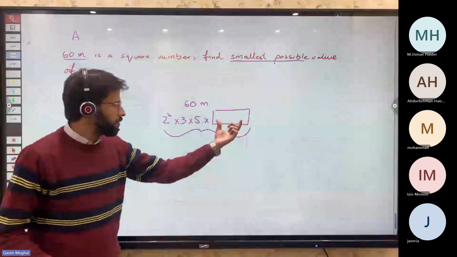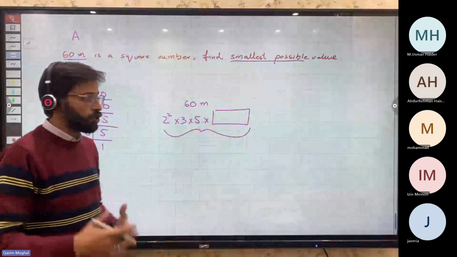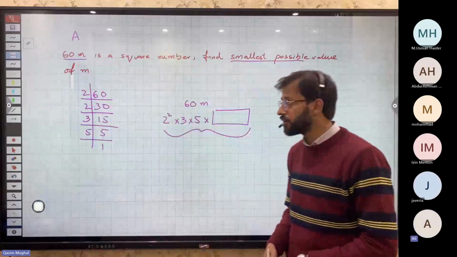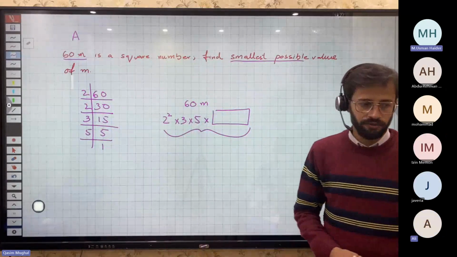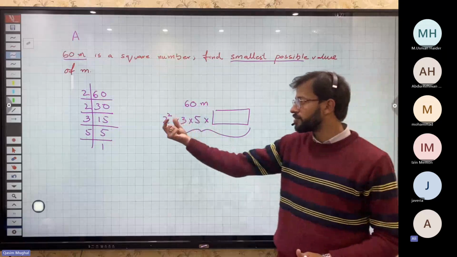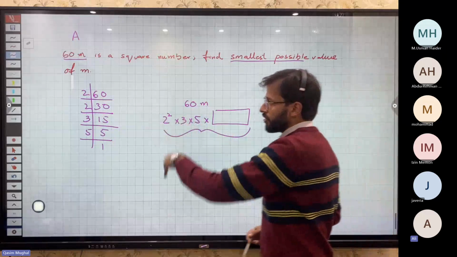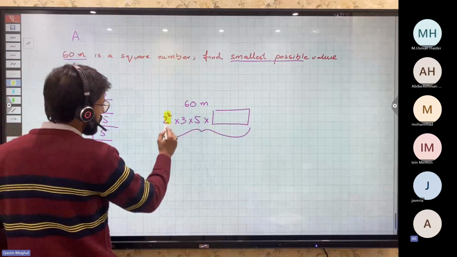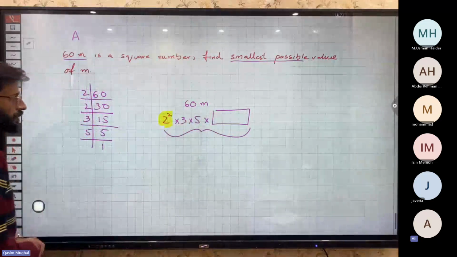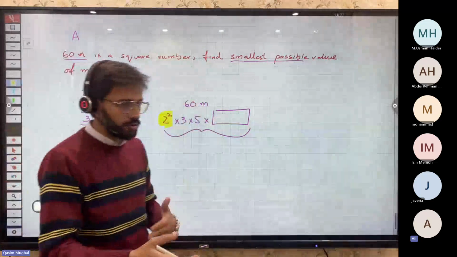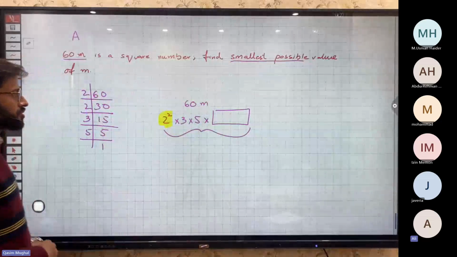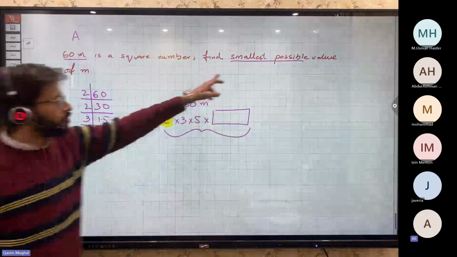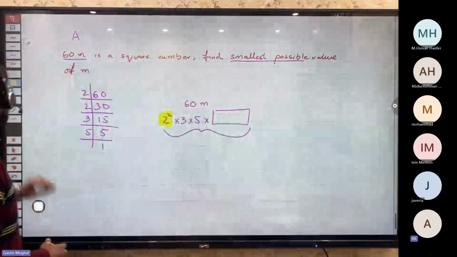We know the property of square numbers in terms of prime factorization: when we do the prime factorization of a square number, we get prime factors in squares. So 2 is already a square here. This is set. We don't need to introduce any new number there, because our focus is to keep our number as small as possible.